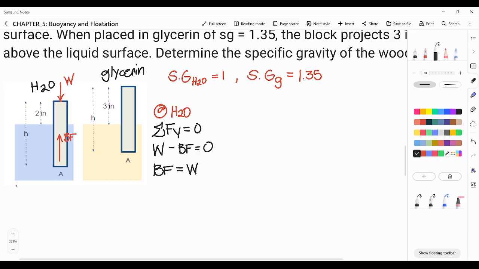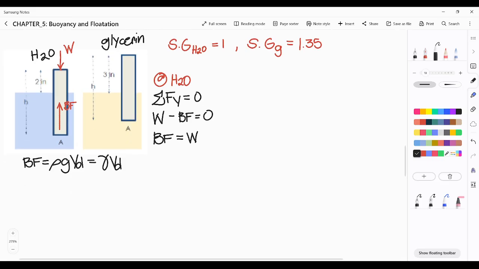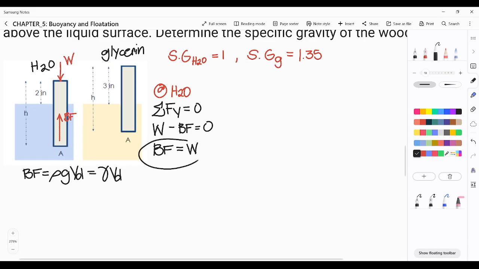And we all know that buoyant force is equal to the density of the fluid times the gravitational acceleration and the volume displaced. Let's just say volume sub d. Or it is also equal to the specific weight of the fluid times the volume displaced. Alright. Now, using this relationship, let's plug this in.